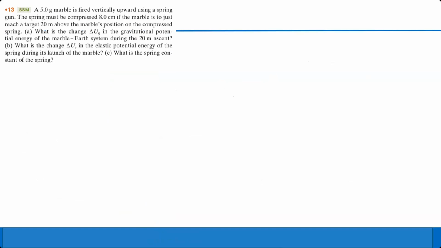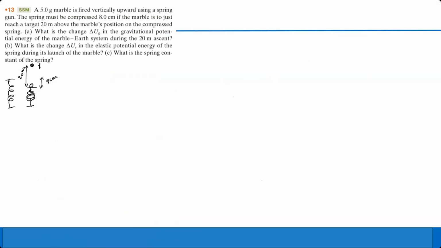So we're told that there's a spring, and let's draw the spring at its natural length, and then it is compressed with a marble by 8 centimeters, so that the maximum point, this is the final point, will be 20 meters above the marble's position on the compressed spring. So this is 20 meters above.